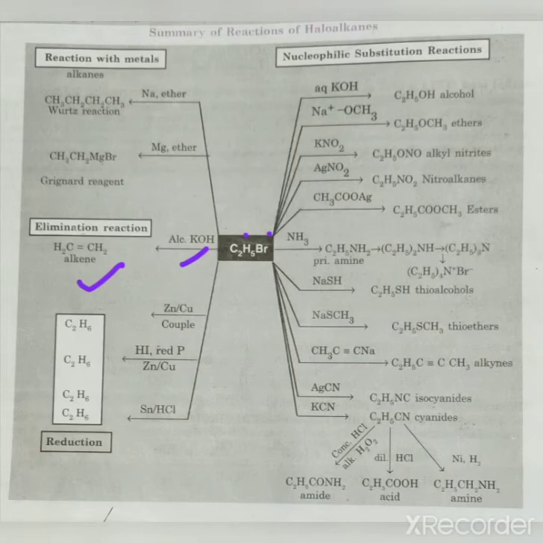That reaction is also called the dehydrohalogenation reaction, that means the reaction in which there is removal of one hydrogen and also one halogen. Therefore, it is called the dehydrohalogenation reaction. This reaction is also called the beta elimination reaction because of the removal of the beta carbon hydrogen.